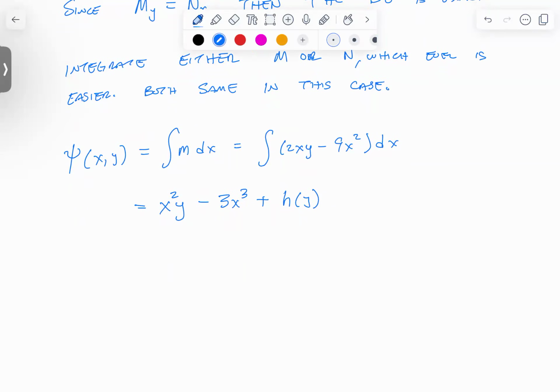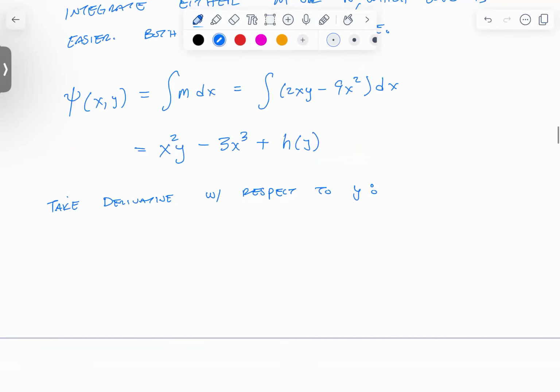Once you have that, we want to line it up and take the derivative with respect to that variable. So now I have psi of y.